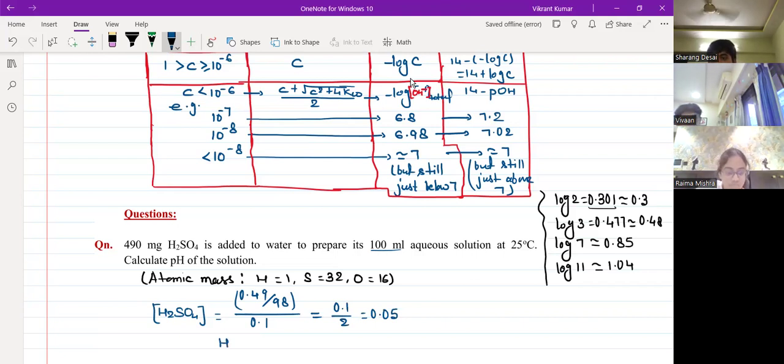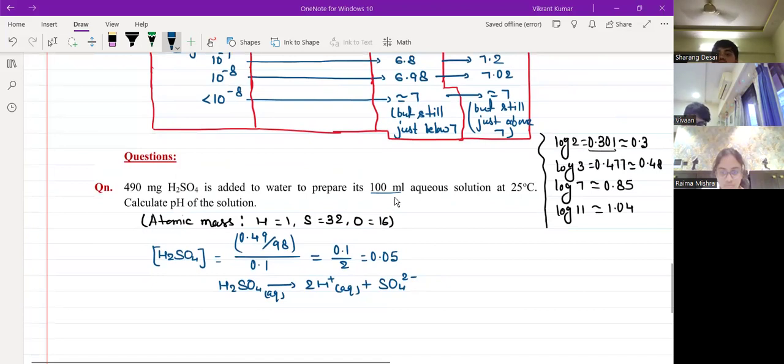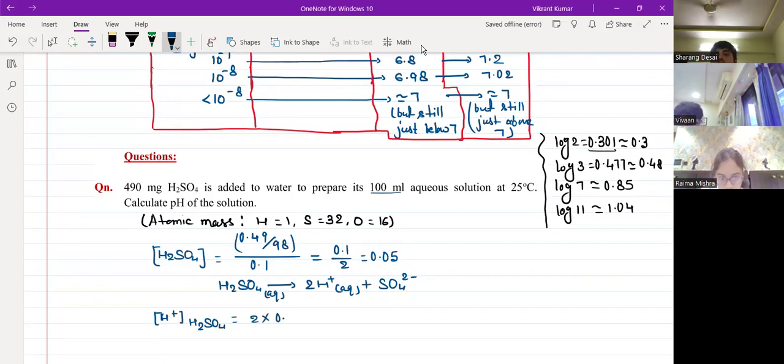Now H2SO4, like I told you, जब तक मैंने कुछ equilibrium constant वगैरह नहीं दी रखा है, तो we'll be talking about this type of ionization for H2SO4. And that's why we can say that जितना H2SO4 उसका double H plus मिलने वाला है. So that's why we'll say H plus from H2SO4 is going to be equal to double of whatever was the concentration of H2SO4 itself.